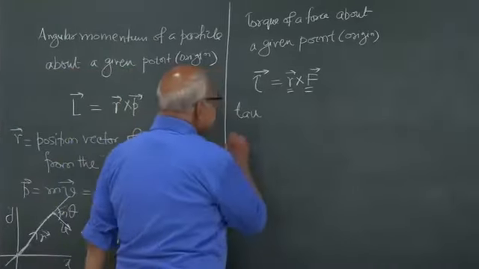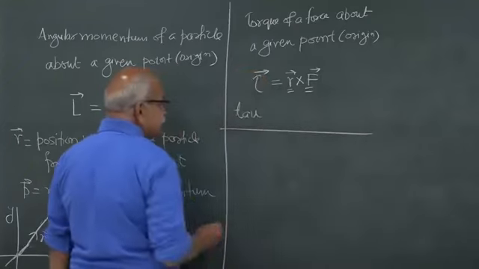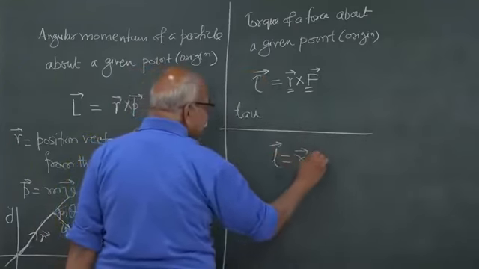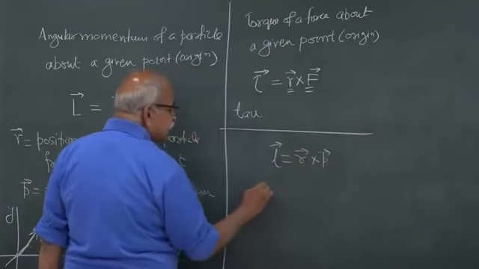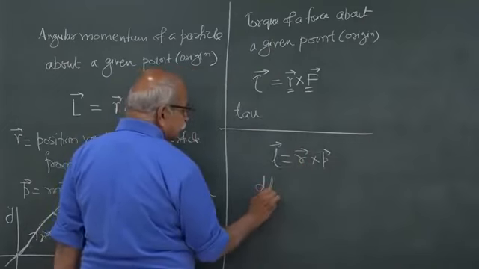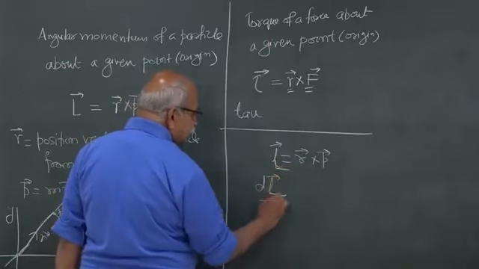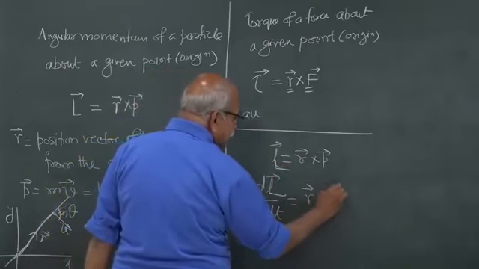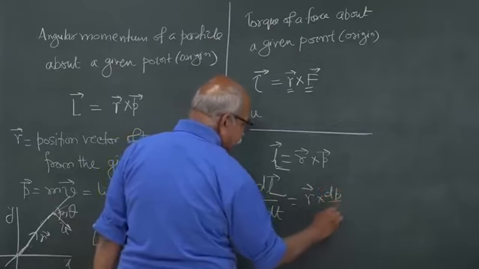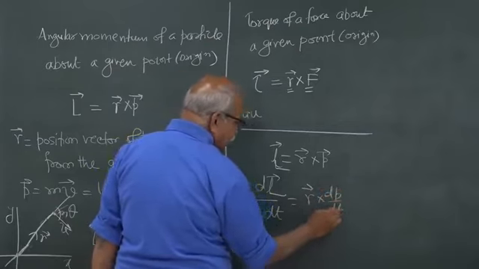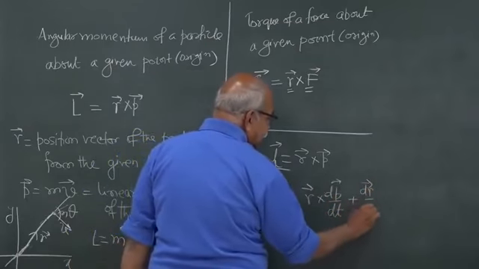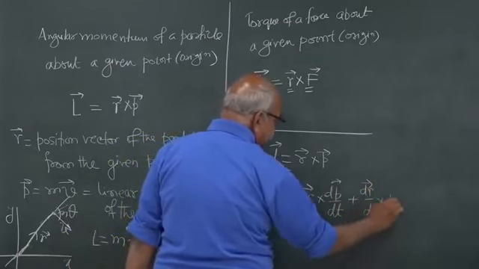And very interestingly, if you use this L equals r cross p and differentiate with respect to time, dL/dt will be r cross dp/dt plus dr/dt cross p.